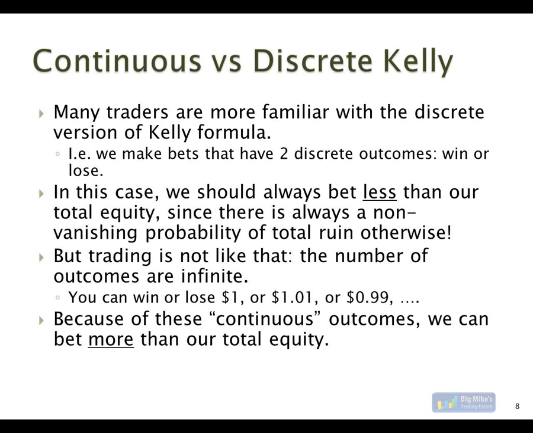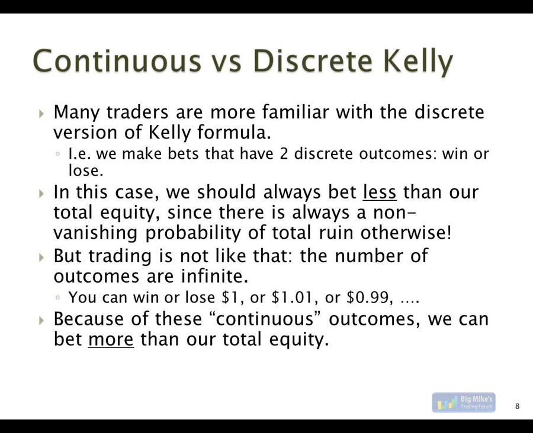And in that situation, we are going to apply the formula that I talked about, which is applicable to continuous outcomes. And in that case, you can bet more than your equity. You can leverage it greater than 1. If you have $10,000, you should be able to bet more than $10,000. So that's the difference between the way I'm using the Kelly formula and a lot of times when other people are discussing the Kelly formula in the discrete betting case.